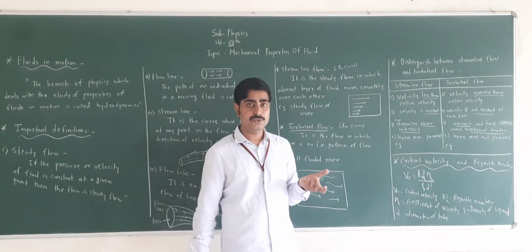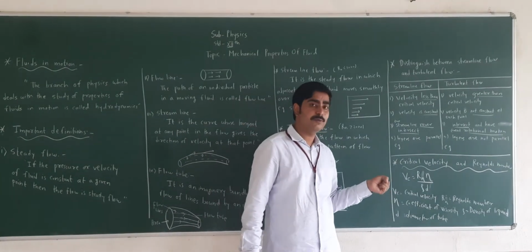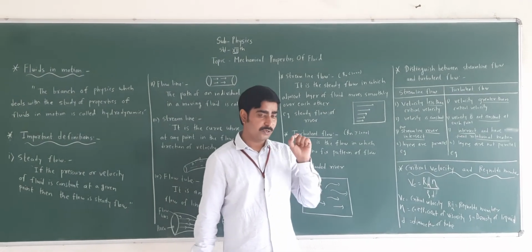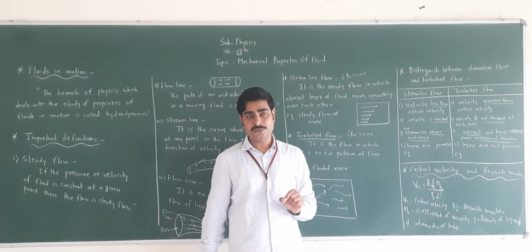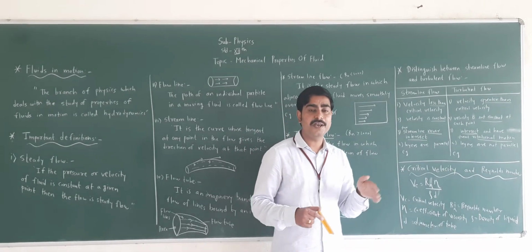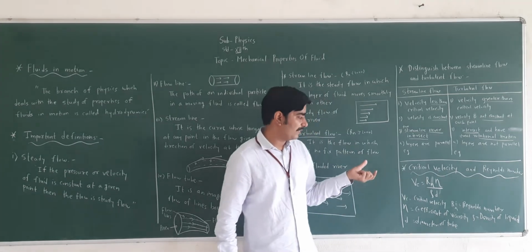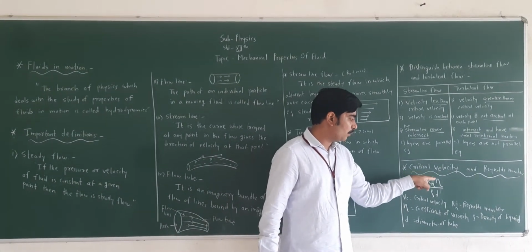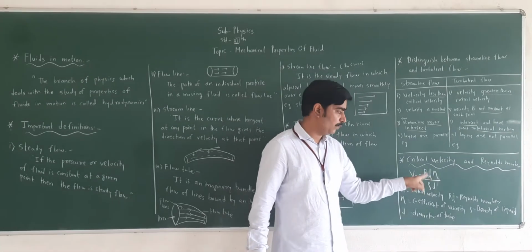There is no derivation. So during the examination, the question may be asked: define critical velocity and write its formula. So critical velocity is that velocity above which the streamline flow gets converted into the turbulent flow. Its mathematical formula is Vc is equal to Rn into eta upon rho into d.